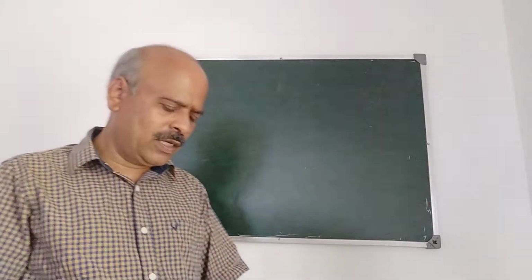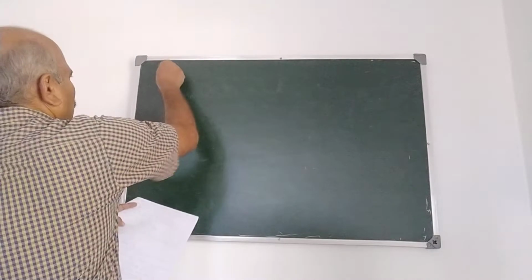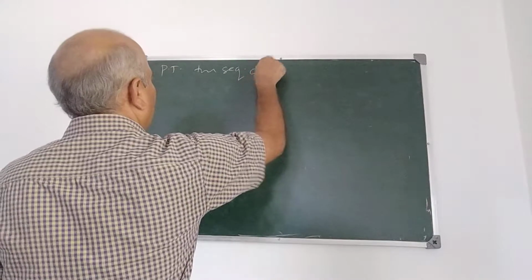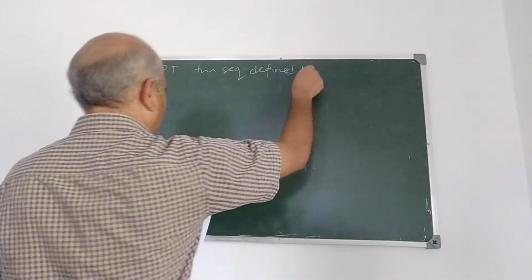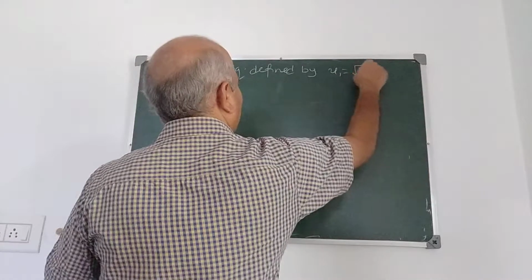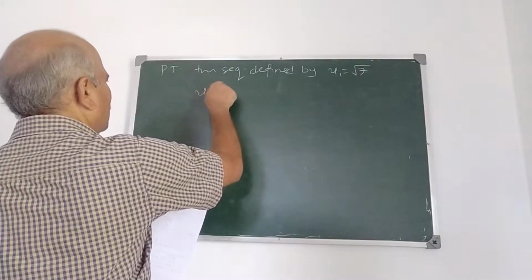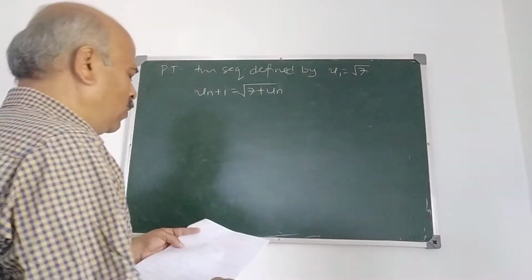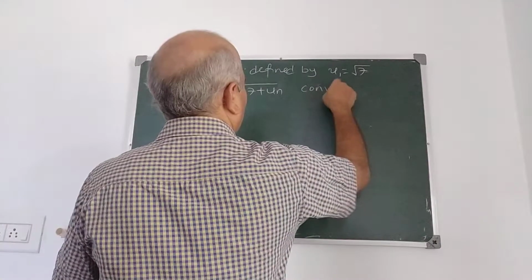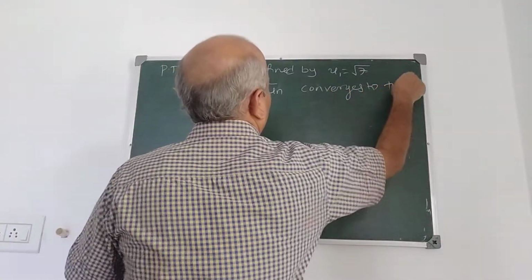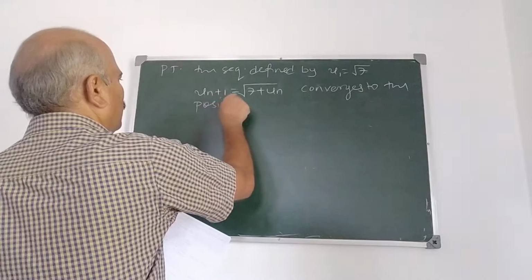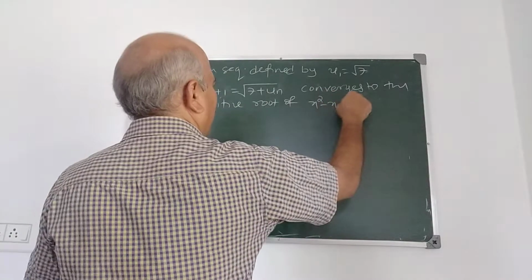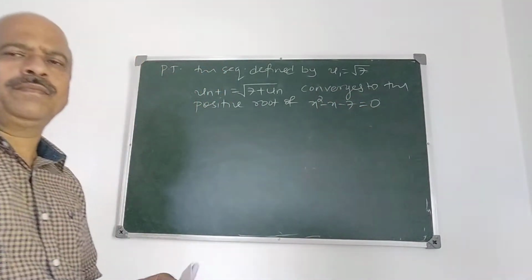One exactly similar problem. Prove that the sequence defined by u1 is root 7 and un+1 is square root of 7 plus un converges to the positive root of x squared minus x minus 7 is 0.